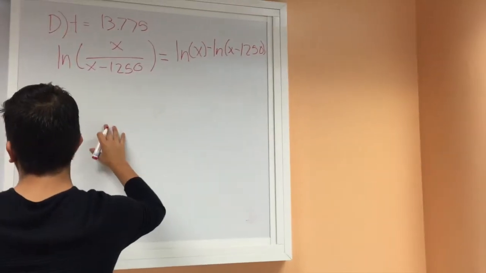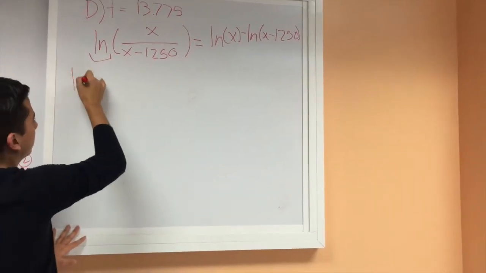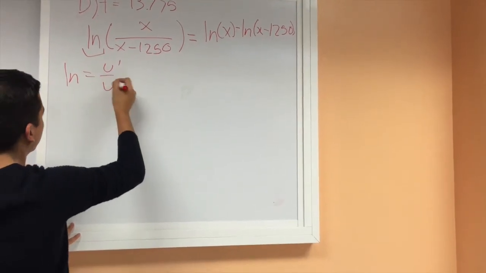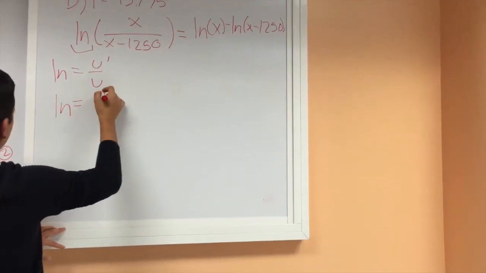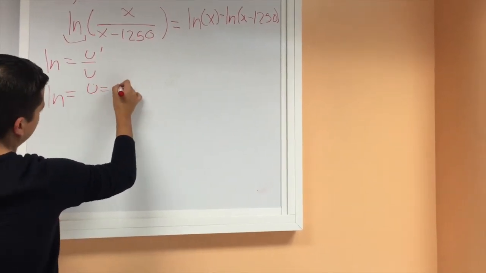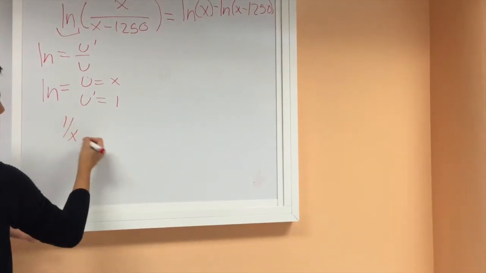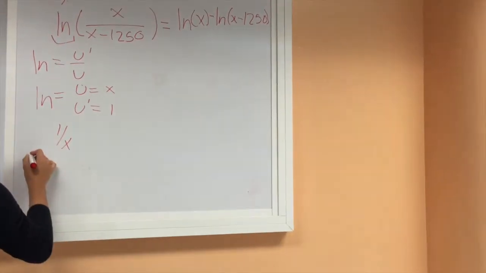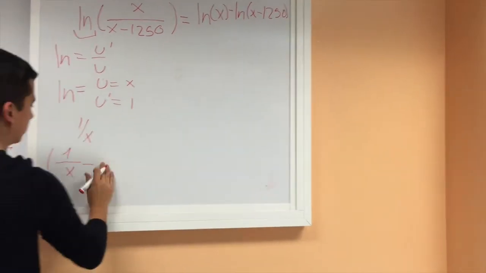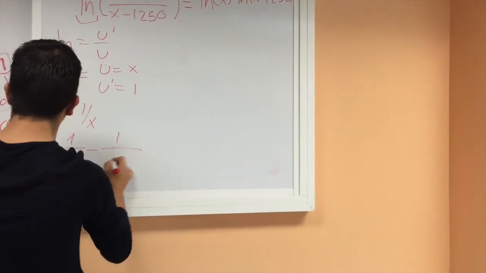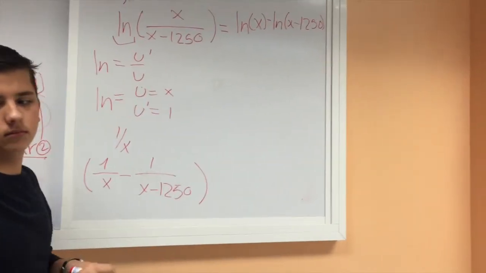So the derivative of ln u is u prime over u. With u equal to x, u prime of x is 1, so it's 1 over x. Now we have this formula as a result, 1 over x minus 1 over x minus 1250, that's the result.